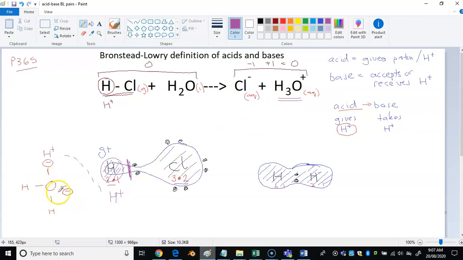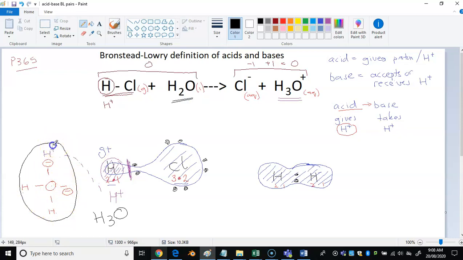You can see here that this is no longer the same as the water molecule before the hydrogen ion went onto it. It's got 1, 2, 3 hydrogens, 1 oxygen there. And before the hydrogen came on, it was neutral, no overall charge. Even though it's got charged regions, it has no overall charge.